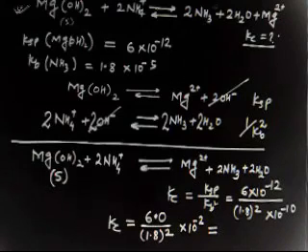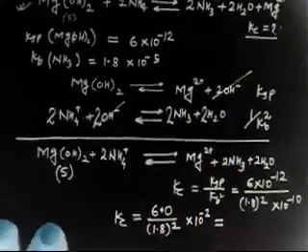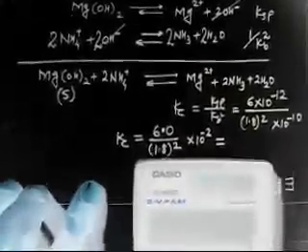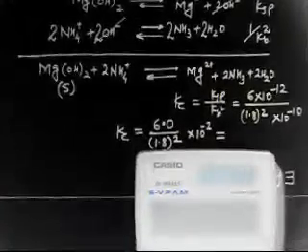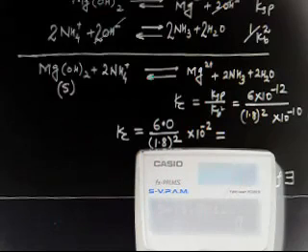Yeah, it's here. So 6 divided by 1.8 into 1.8. Are you getting? So this comes out to be 1.85.